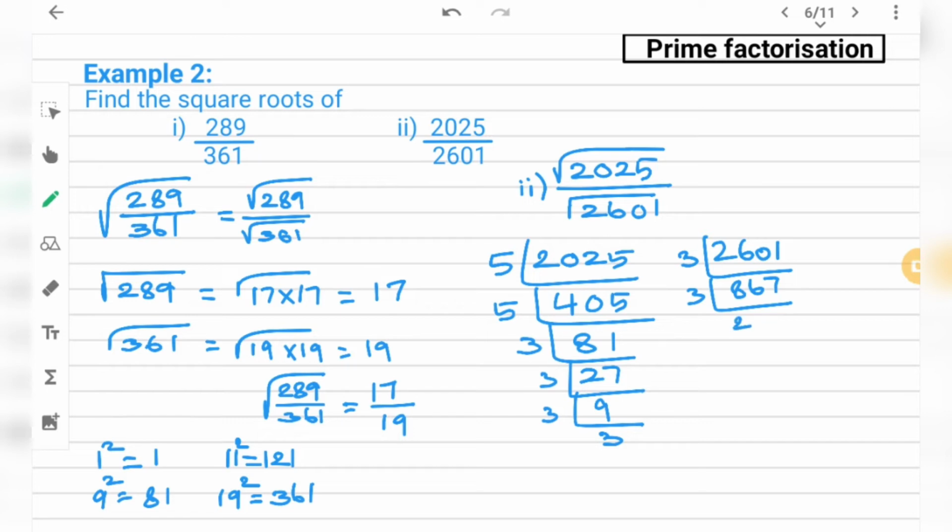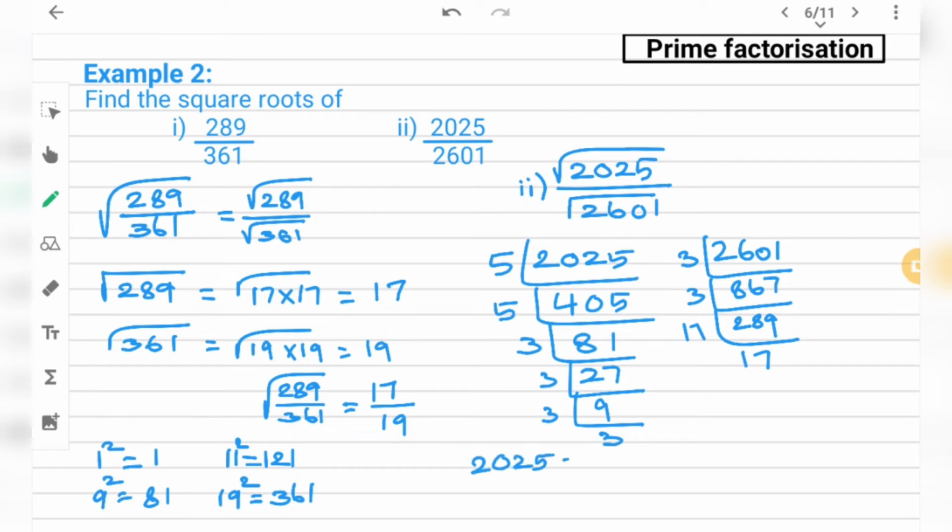Right? Then balance 1 2. So 26. You will get 8 and then 9. Right? 289. Already we know the square root of 289 is what? 17. Then 17 into 17.